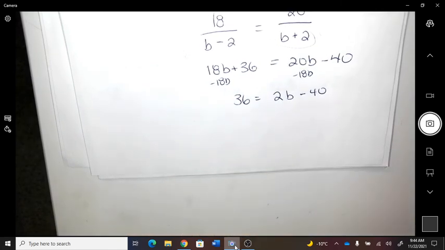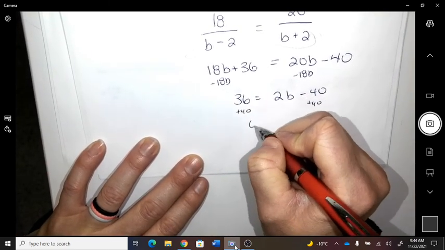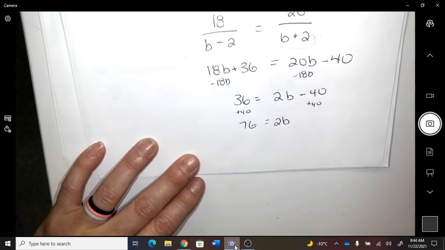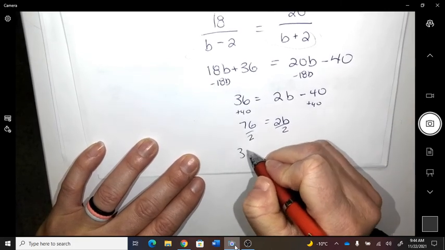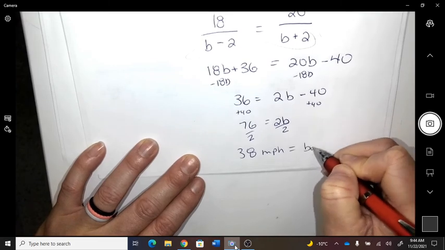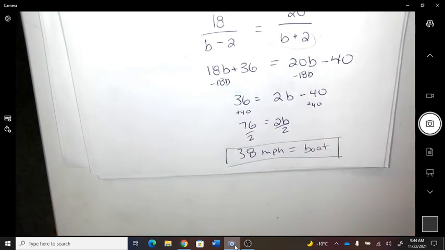So now I'm going to add 40. So don't forget what your answer is representing: the speed of the boat.